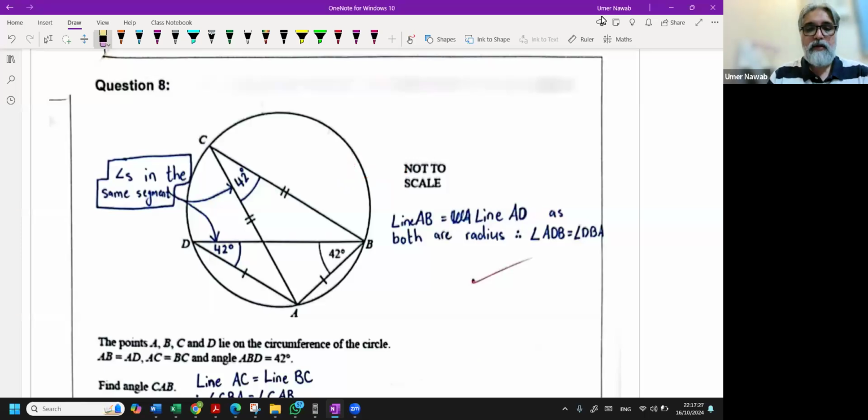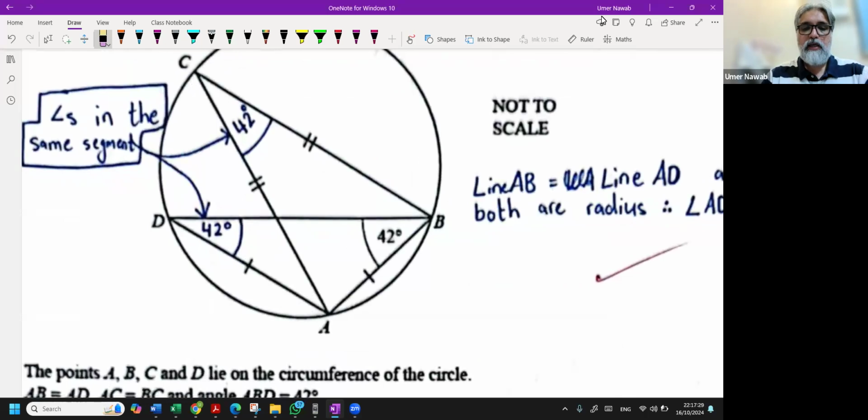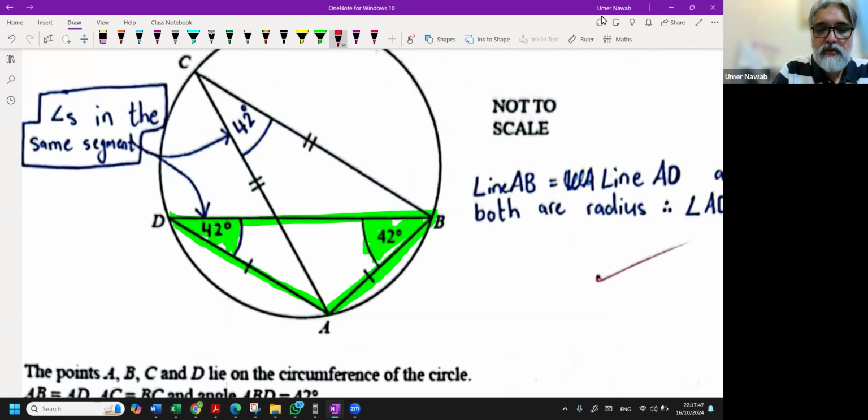Question number 8, we can see two isosceles triangles. Which two triangles are isosceles? So look at that. These two sides are equal. So I join them, isosceles. So if this is 42, opposite to the equal side, it means this is also 42.